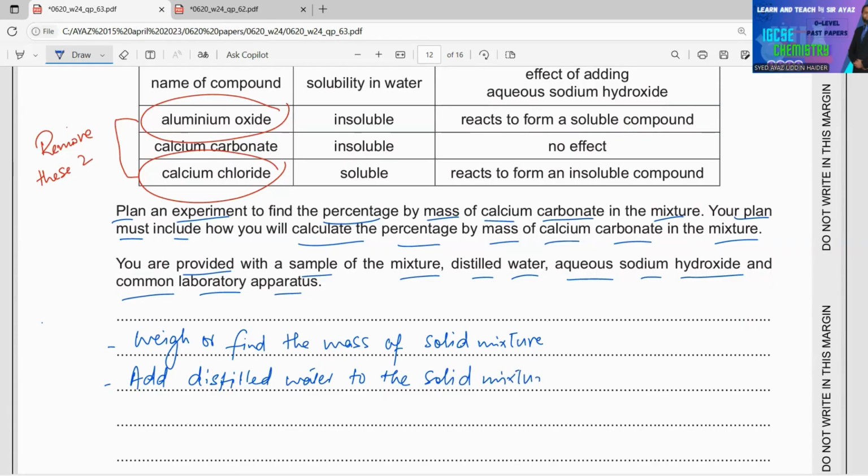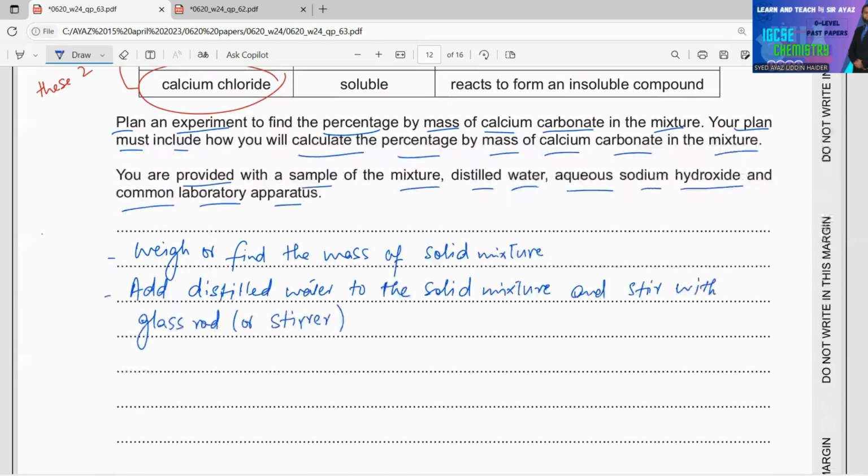And in order to mix calcium chloride completely, we have to use a glass rod or stirrer and stir with the glass rod. You can even write stirrer.